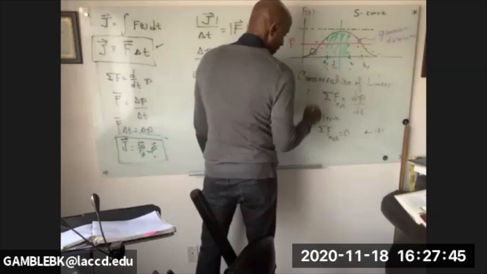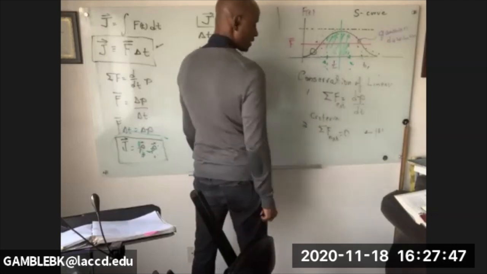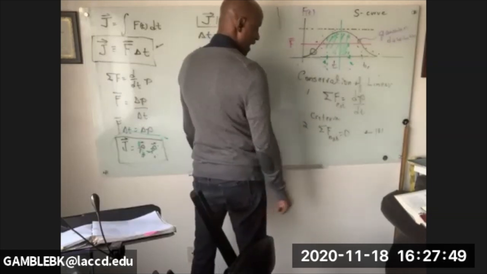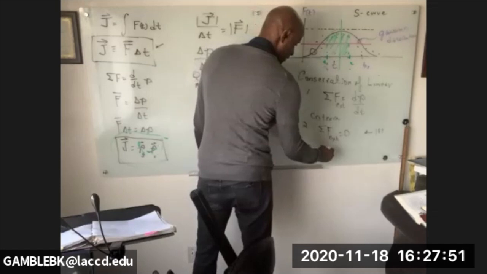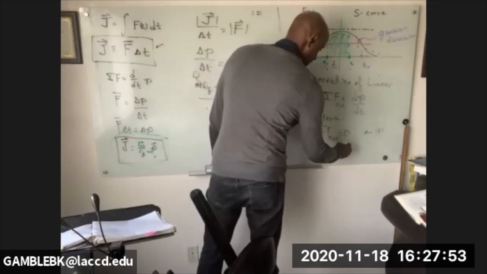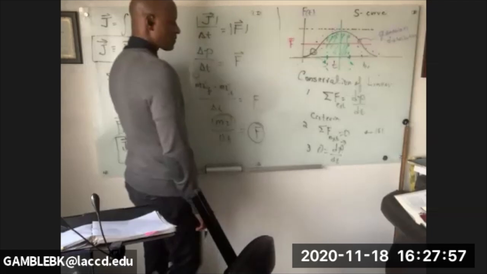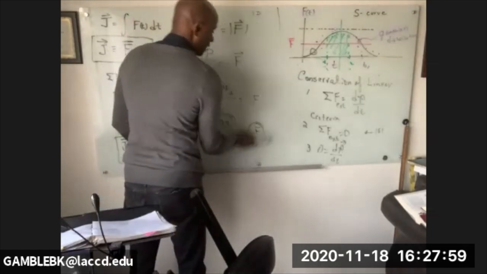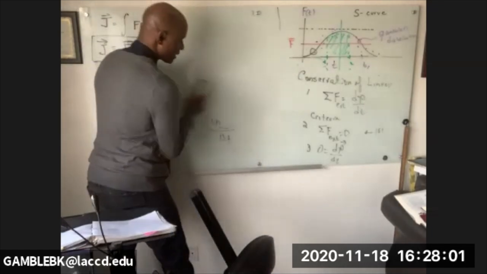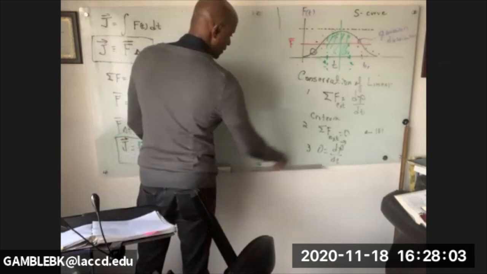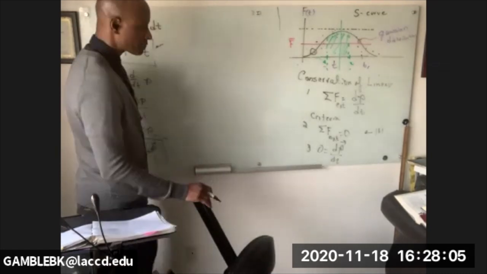How? Well, plug equation 2 into equation 1. When you do that, you get 0 equals dp/dt. Maybe some of you more mathematically oriented folks know that there's only one criterion physically in which equation 3 can be satisfied.